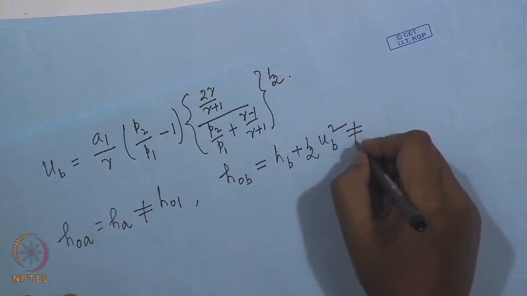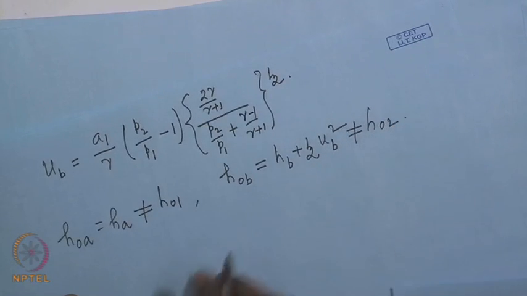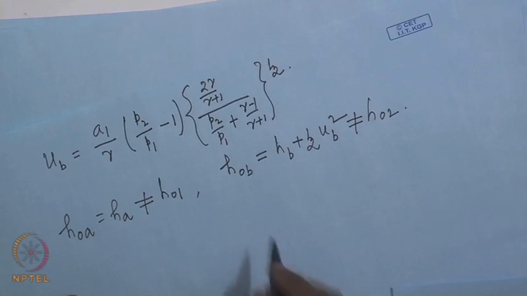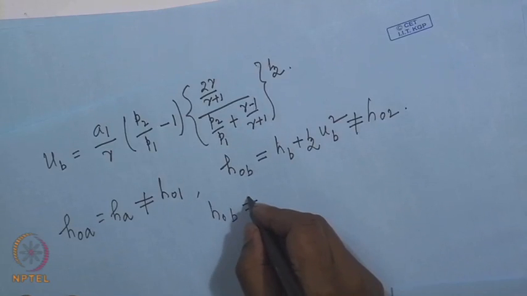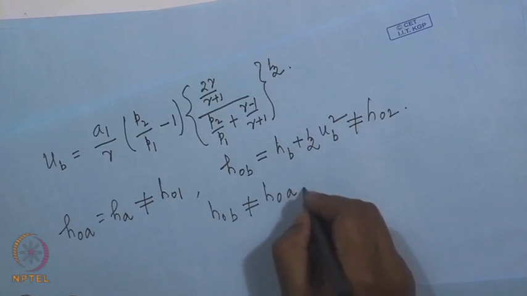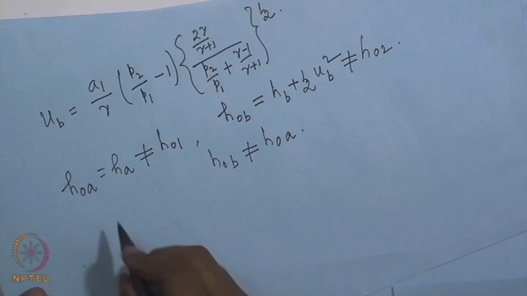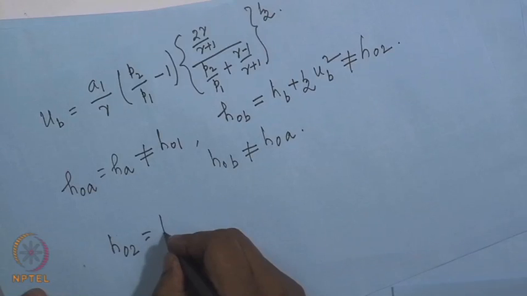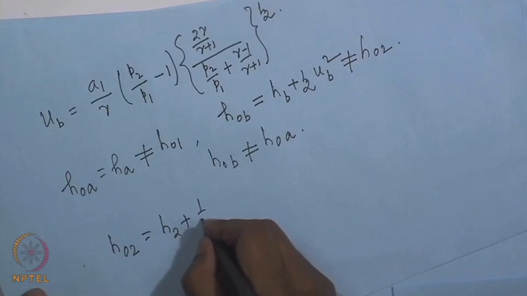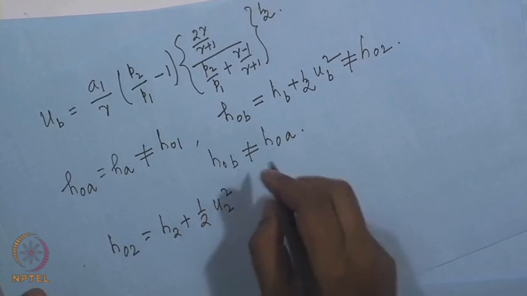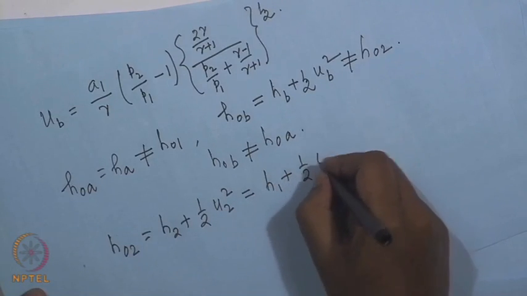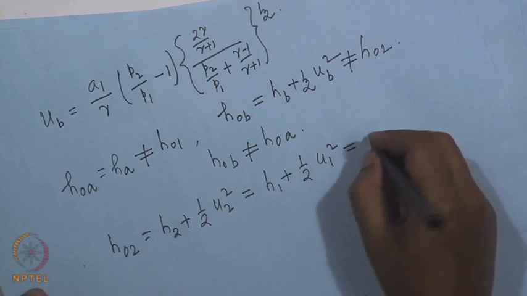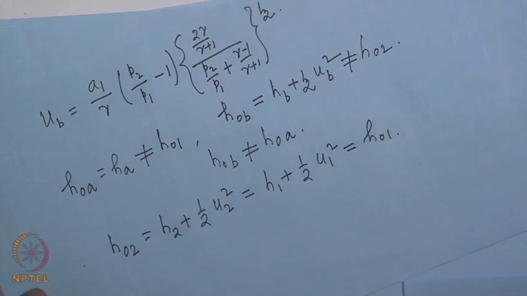However, this is not the same as H 0 2, the total enthalpy at 2, and also the total enthalpy in region B is not the same as the total enthalpy at region A. However, the total enthalpy in region 2, which is simply H 2 plus half u 2 square, is equal to H 1 plus half u 1 square, equal to H 0 1.